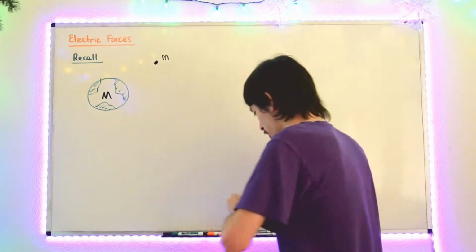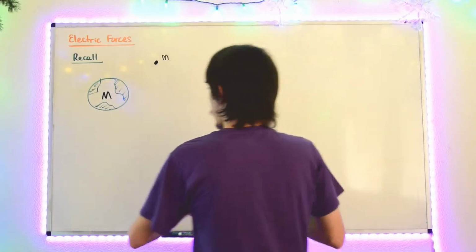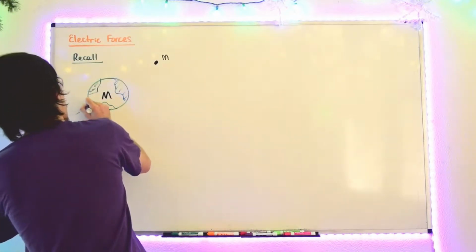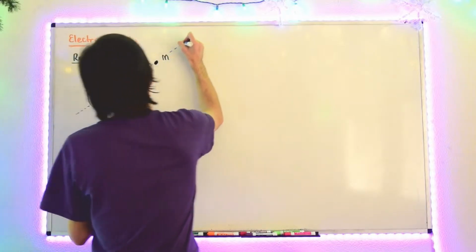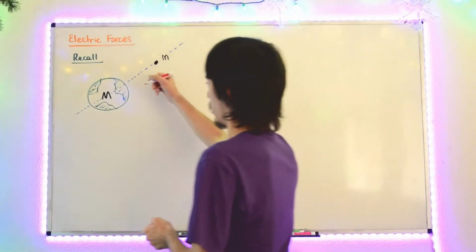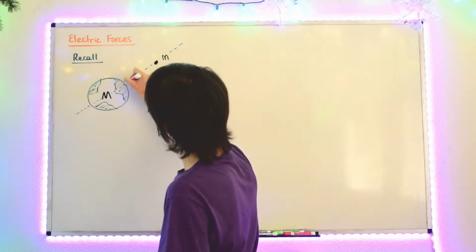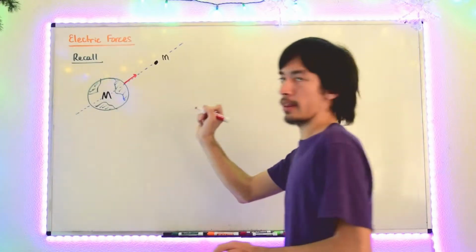So along this line that connects their centers of mass, there would be a force on the Earth pulling it towards the other mass, like that.